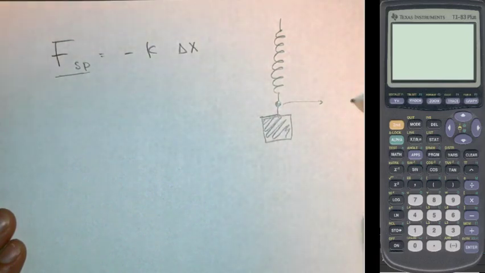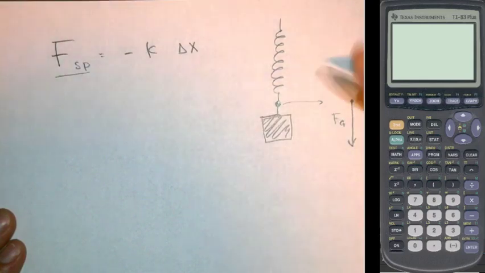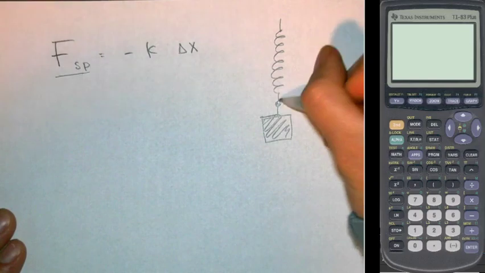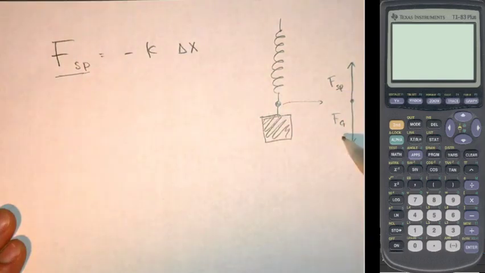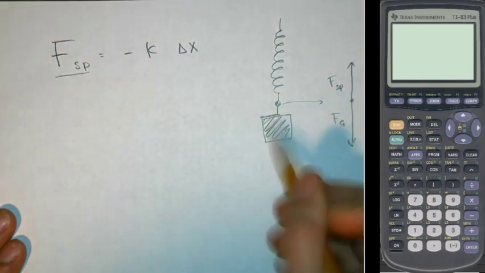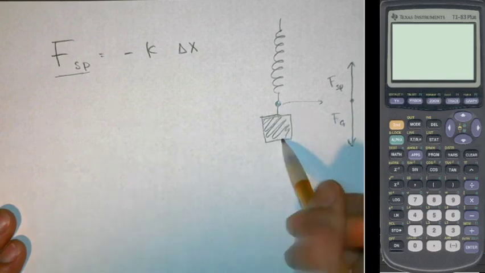There is weight, which points down, and there is also a spring force that points in the opposite direction. These two forces have to be equal and opposite, or this thing would never stay still. And we've seen in the lab that it can stay still.